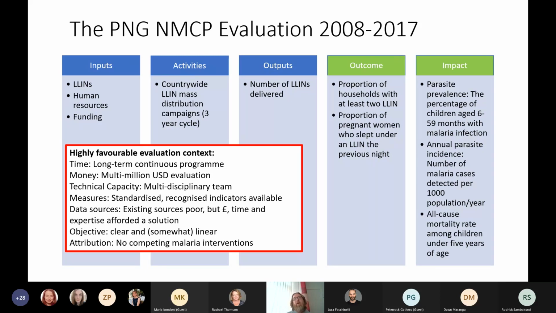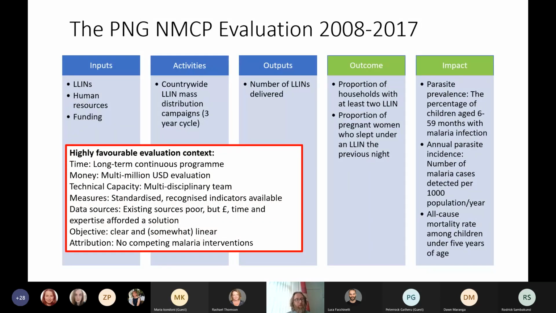Similarly, some of these activities are expensive, and if you don't have that money available to you, you may not be able to operationalize them, even if it would be ideal to do so. Equally, if you don't have the technical capacity within your team to measure these sorts of things, why try and do it?